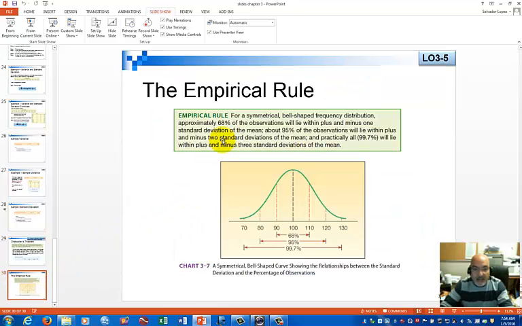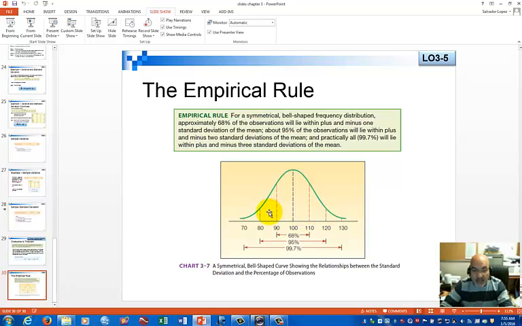But if we have normally distributed data, or bell shape, and in this case 100 is the mean, right in the middle, and the standard deviation is 10, then plus 1 standard deviation will be 100 plus 10, 110. Minus 1 standard deviation will be 100 minus 10, which is 90. So within 1 standard deviation, we find 68% of the data.